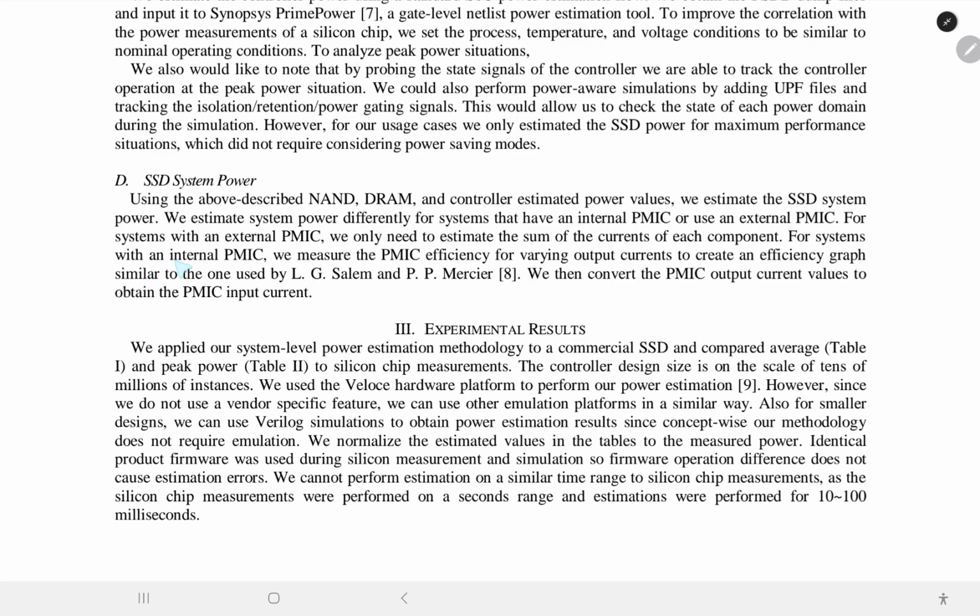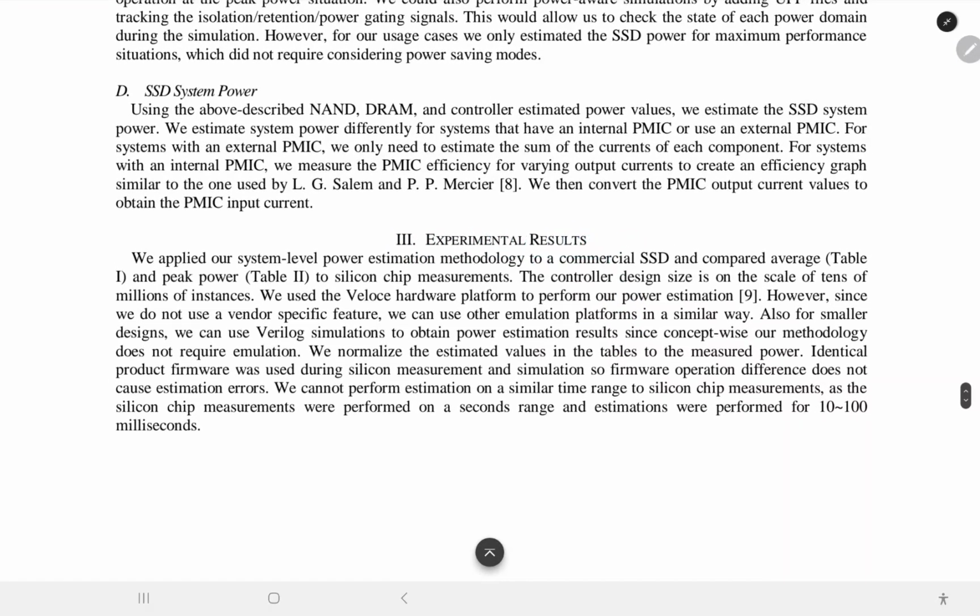For a system with an internal PMIC, we measure the PMIC efficiency for varying output current to create an efficiency graph similar to the one used by Salem and Mercier. We then convert the PMIC output current values to the PMIC input current.